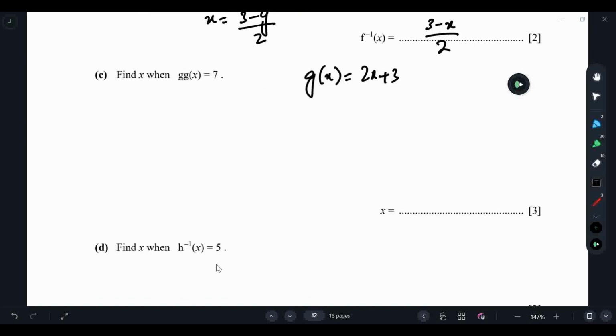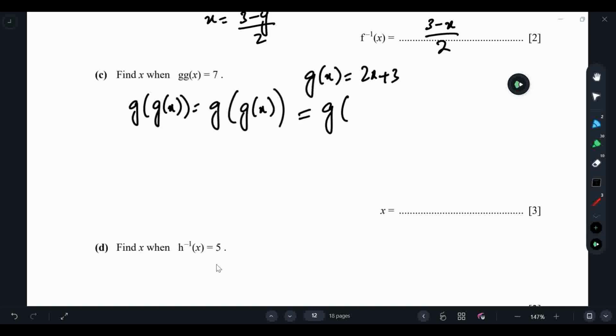Now find the value of x. So g g of x does not mean that we need to multiply it twice. It means that we need to put g of x inside g of x. For example, g of 2x plus 3.